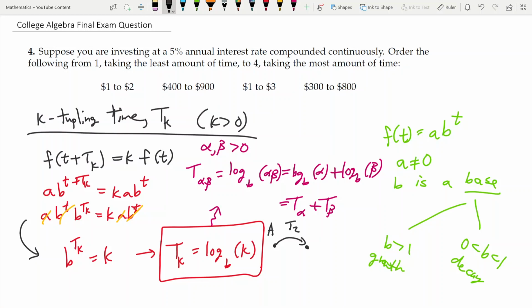That doesn't get rid of b, but it gets rid of little t. So what that ultimately does is it says that it doesn't depend on the initial amount.